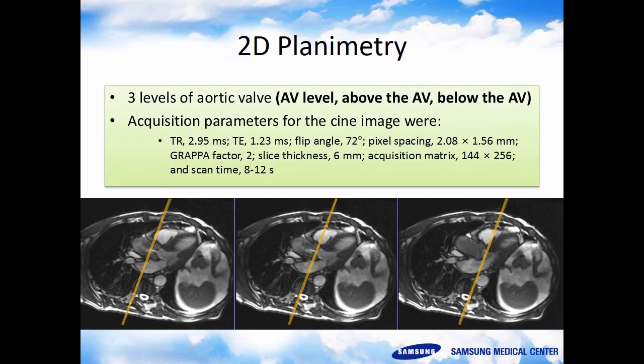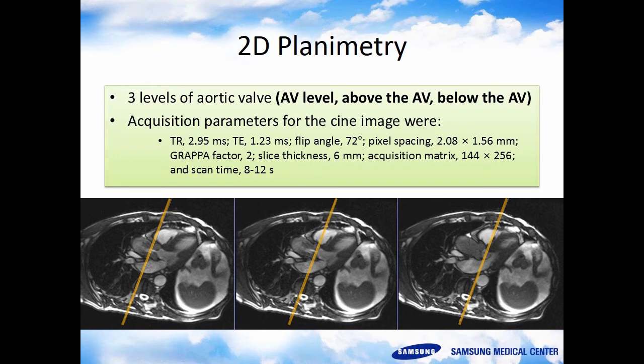We also performed balanced SSFP Cine MRI and velocity-encoded Cine MRI at 3 levels of the aortic valve. SSFP was used to obtain 2D images in the prescribed planes during multiple phases throughout the cardiac cycle. Cine images were acquired in 3 short-axis views covering the AVA from the left ventricular outflow tract to the ascending aorta at 6 mm intervals using a segmented SSFP sequence.